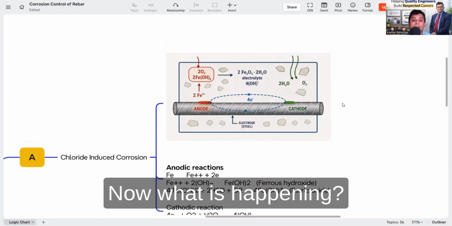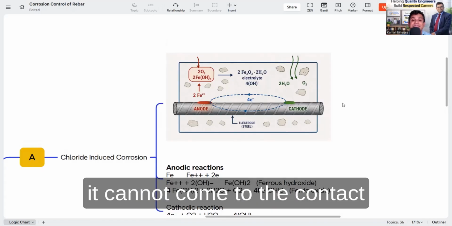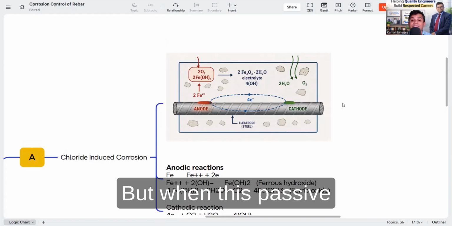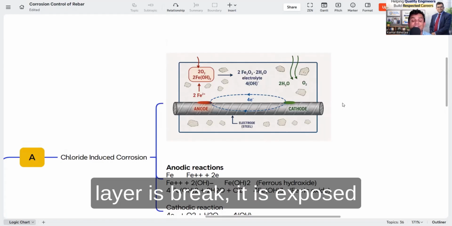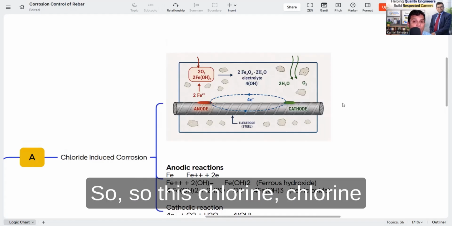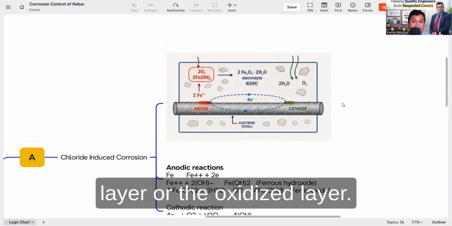When there is an oxidized or passive layer, it cannot come into contact with water or oxygen, but when this passive layer breaks, it is exposed to the moisture as well as the oxygen. So the chloride is fast breaking the passive layer or oxidized layer.